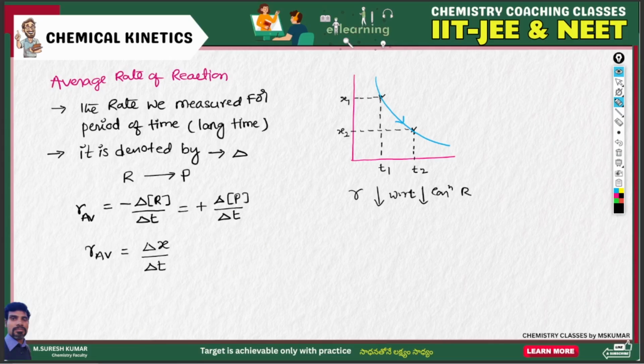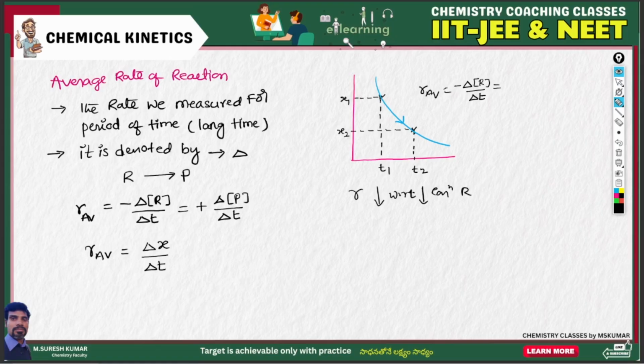So rate of reaction R decreases with respect to decrease in concentration of reactant. Clear? Now suppose for this reaction I want to express average rate RAV. RAV is equal to the change in concentration of reactant, change meaning decrease, minus delta R by change in time delta t.